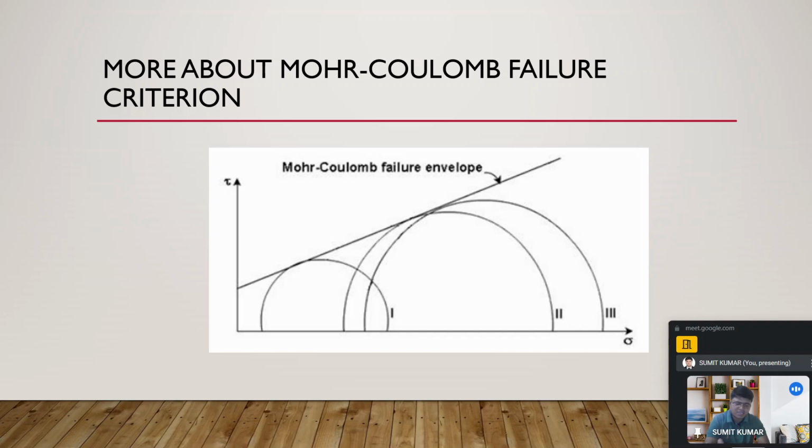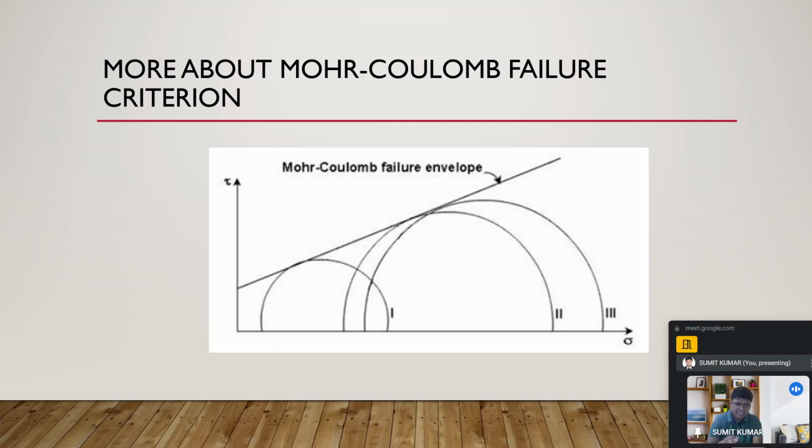So first of all, we apply a value of sigma 3. Whatever test we are performing, either UU, CU or CD, that is unconsolidated undrained, consolidated undrained, or consolidated drained, during each test we apply a confining stress, the value of sigma 3.